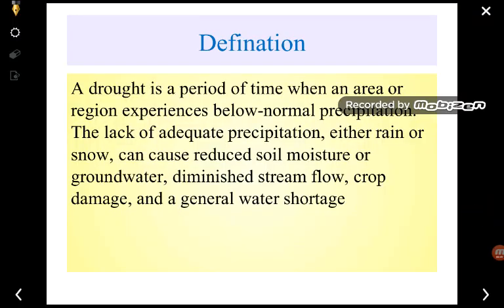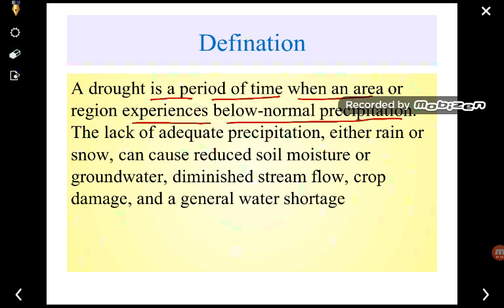The proper definition is, a drought is a period of time when an area experiences below normal precipitation. Drought is a period of time, a duration when an area, or we can say a region, experiences less than expected precipitation or rainfall.